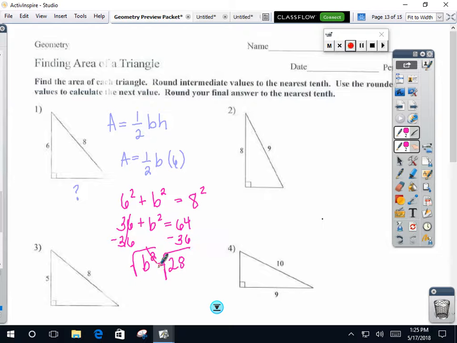Now, normally, yes, we would do the factor tree and simplify something like the square root of 28. But since our goal here is just to find the area of this triangle, you can plug in the square root of 28 for B. So right here in the place of B, I'm now going to put the square root of 28, and now multiply all those together, and you will know the area of this triangle.